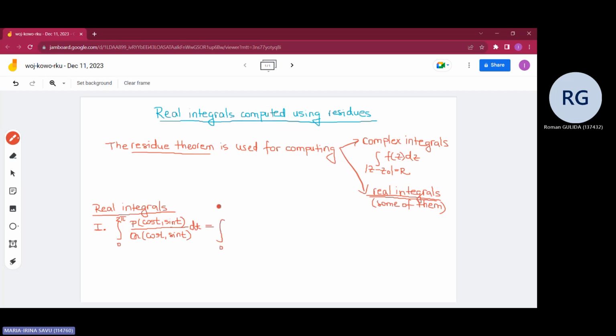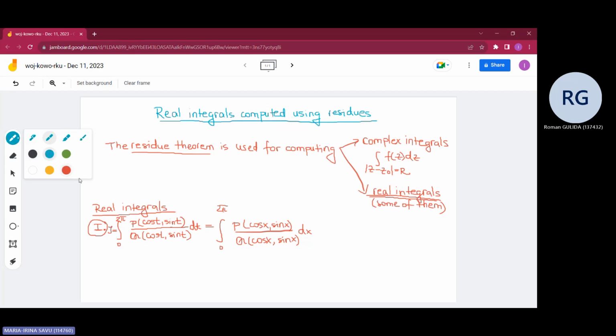Or if you like, I will write it with x instead of t: the integral of P of cosine of x and sine of x over Q of cosine of x and sine of x dx is the same. So let's talk about this type of integrals.